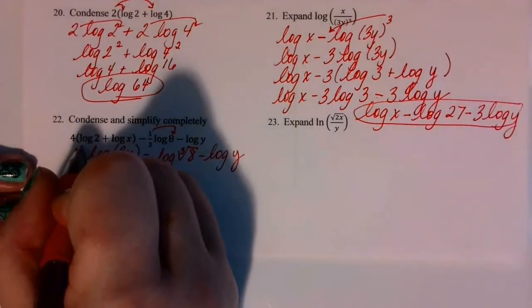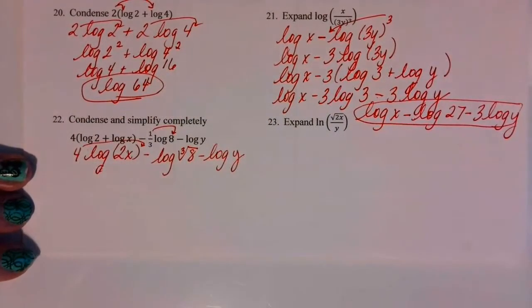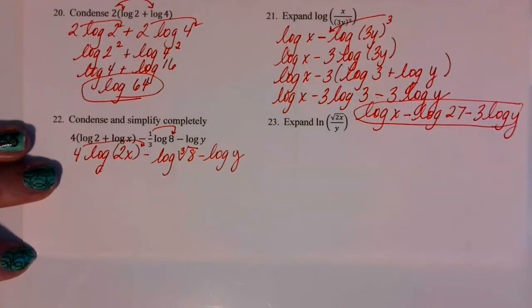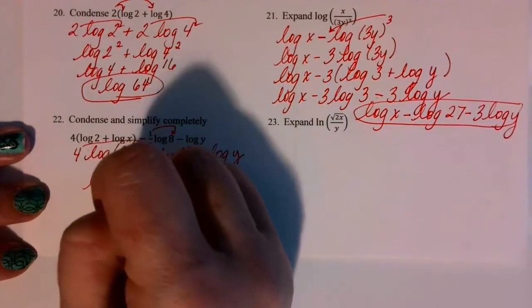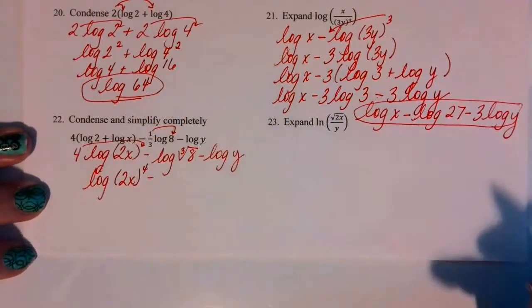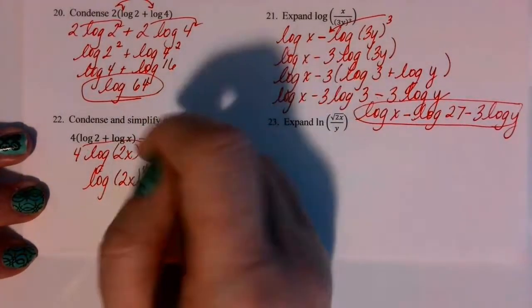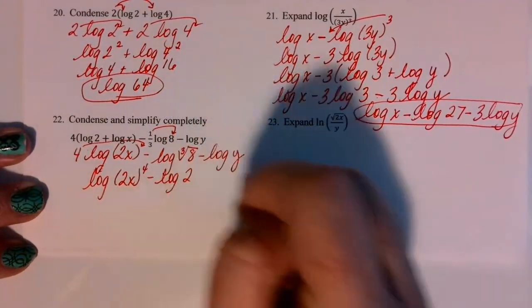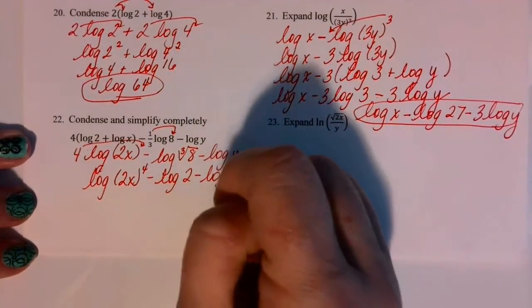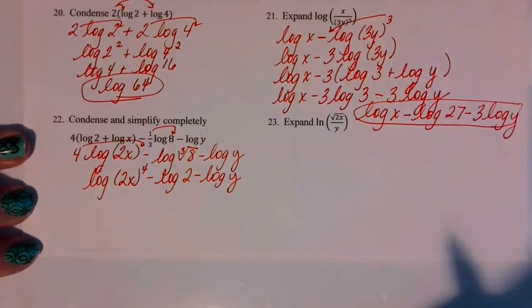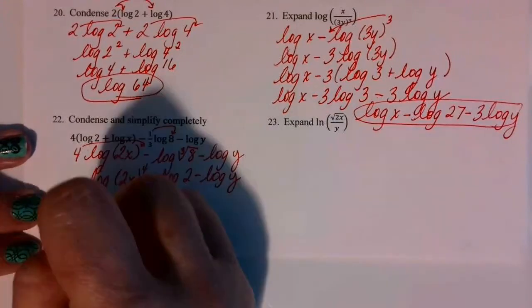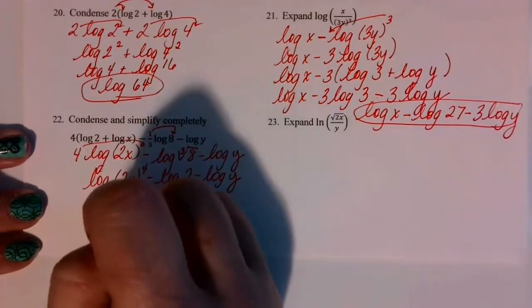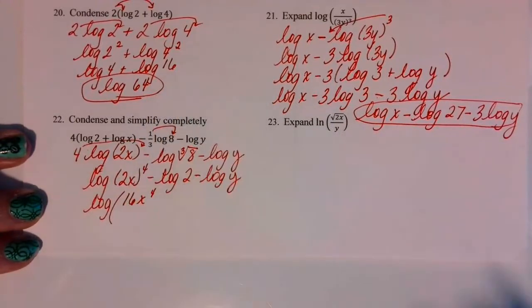Then we could use the power property to move that 4 up to be the exponent on the quantity 2x. So the cube root of 8 is 2, so that would be a log of 2 minus a log of y. And then 2 to the 4th is 16, so that would be a log of 16x to the 4th.